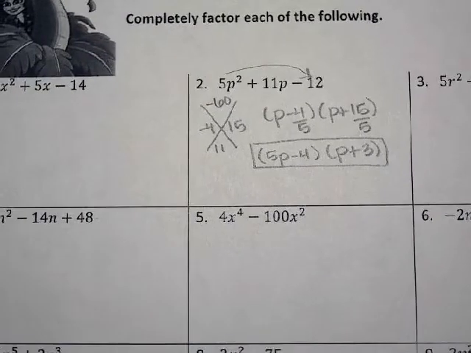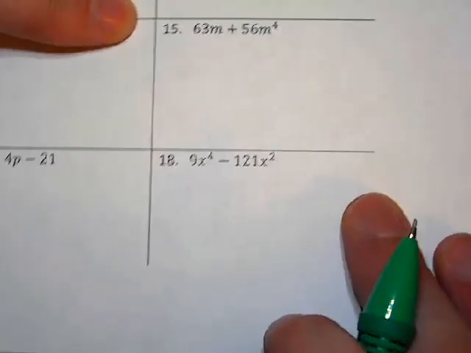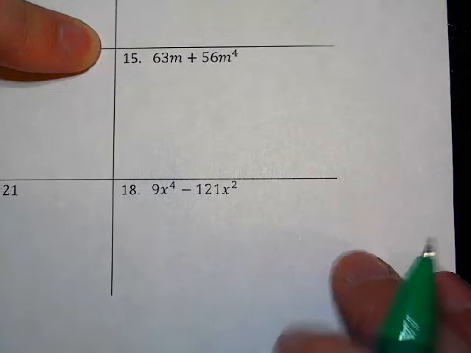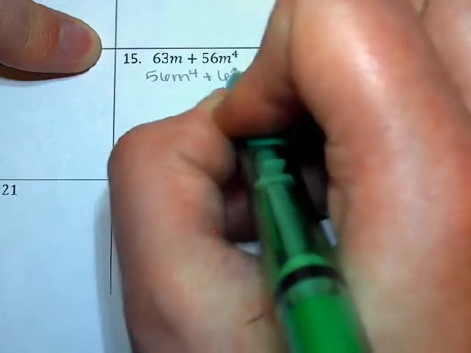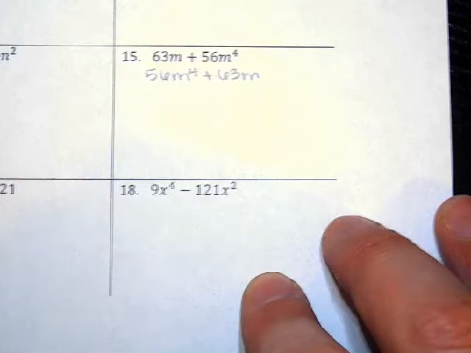Is there another one we should look at? 15? Is 15 written in the correct order? No. So we'll go ahead and fix the order. Okay. What type of factoring is 15?